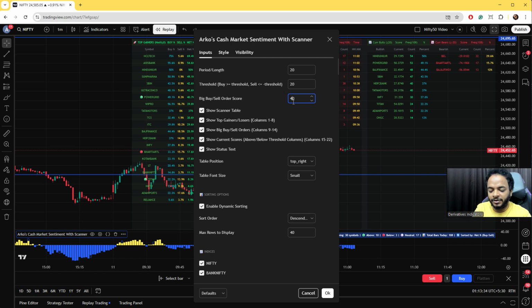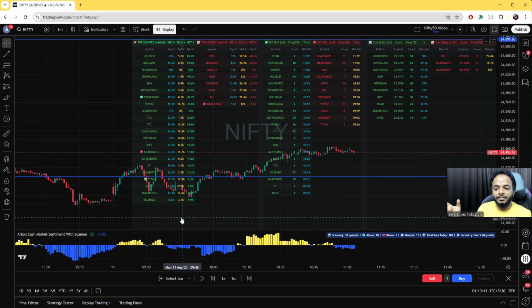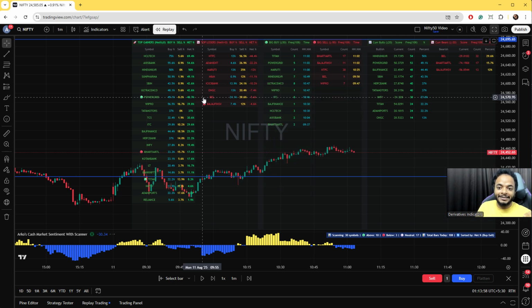You can also put it as 50. Whenever, in any of the stocks you have selected, the score of the current cash market sentiment is 50 or more, or negative 50 or less, then for that moment it will show the red ball or the green ball. That means someone is heavily selling or heavily buying at that moment.